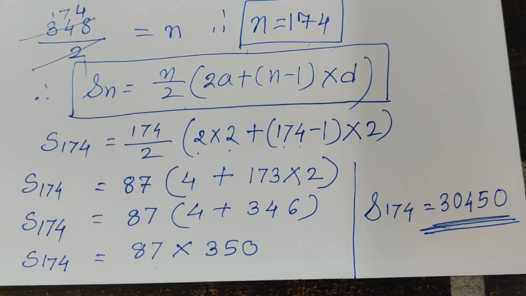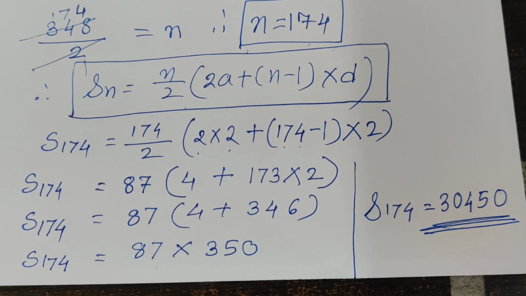So here in the example it is said, find the sum of all even numbers between 1 to 350. So first we should understand the meaning of the question. Between 1 to 350 means not 1 and not 350. 1 is not an even number, but the next even number after 1 is 2.